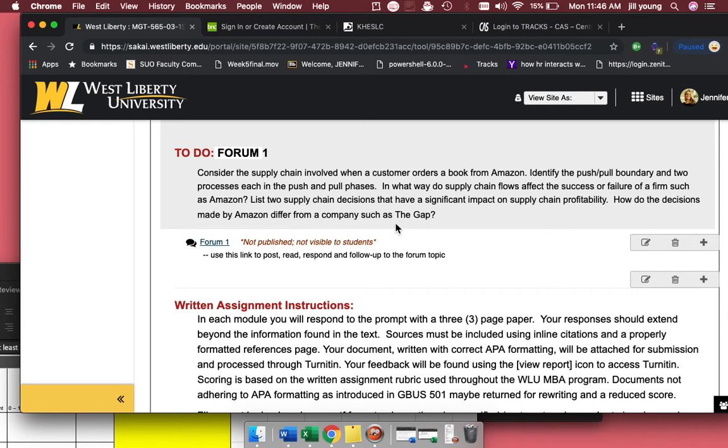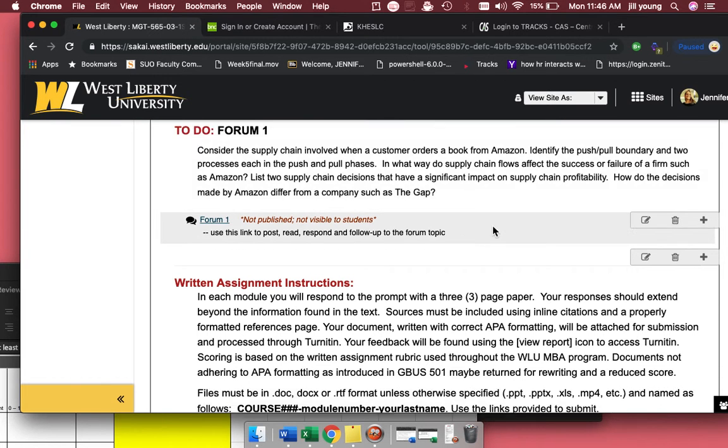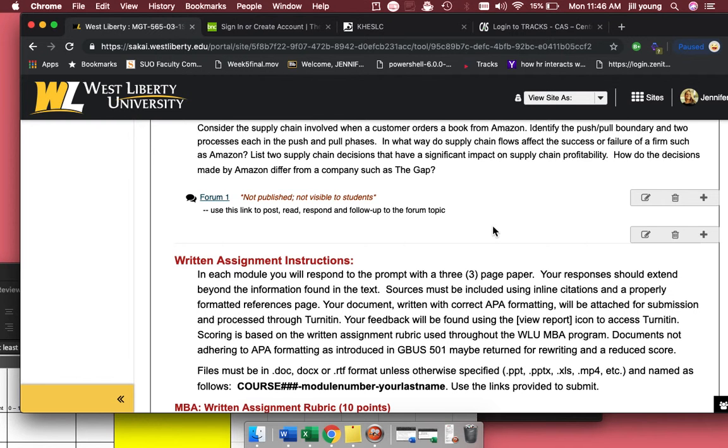Then you're going to talk about 2 decisions that have an impact on supply chain profitability, and then you're going to compare how the decisions made by Amazon in its supply chain differ from maybe the Gap, for example. That's just any clothing store, really. They could be any one of them, but that one is the one we're going to talk about.